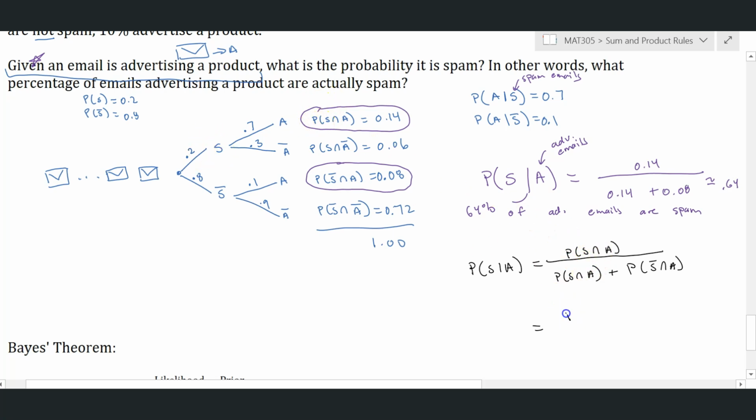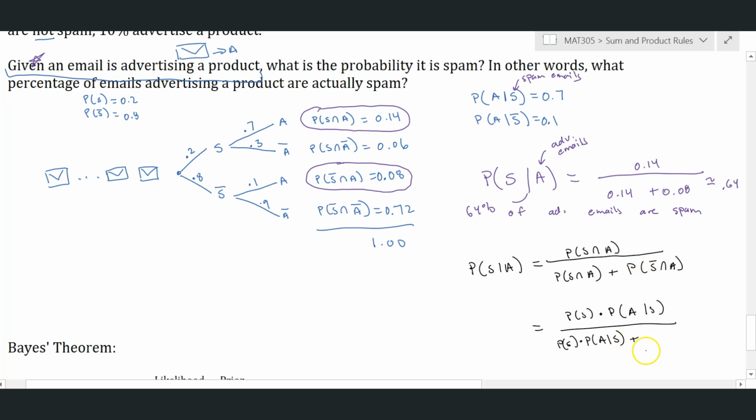Now this can even further be deconstructed because the probability of S and A, how did we get that? Well, we took the probability of S times the probability that it's an advertising email given that it is spam, that's the 0.7, divided by, again, this is the same thing, so the probability it's spam times the probability it's advertising given that it's spam, plus, how do we get this?